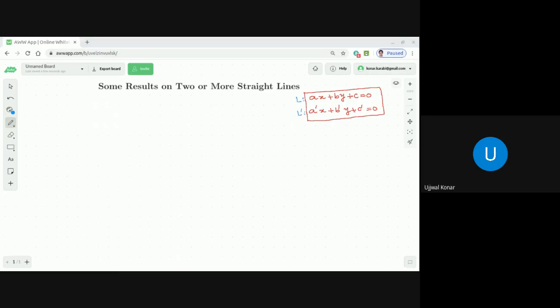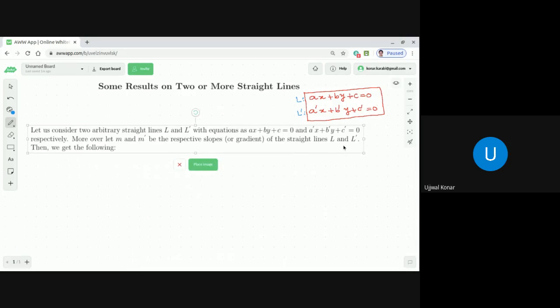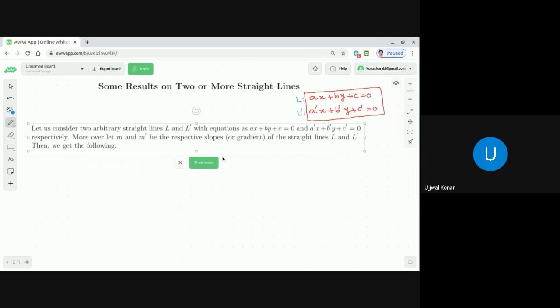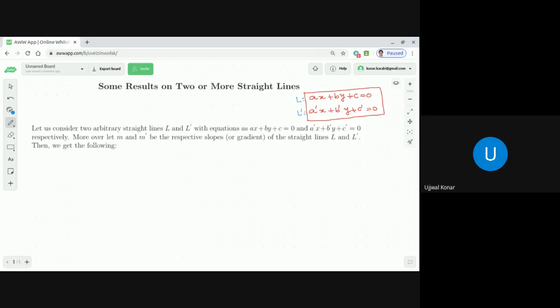So let us consider two arbitrary straight lines L and L dash, with equations ax plus by plus c is equal to 0, represented by L, and a dash x plus b dash y plus c dash equal to 0, represented by L dash.